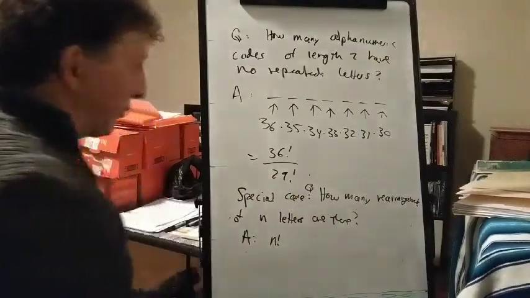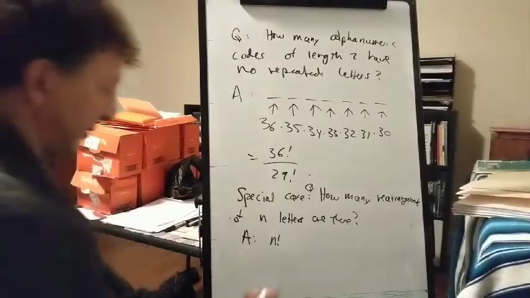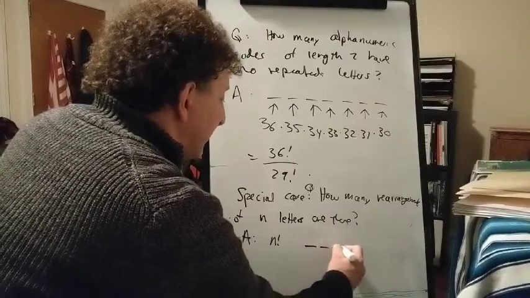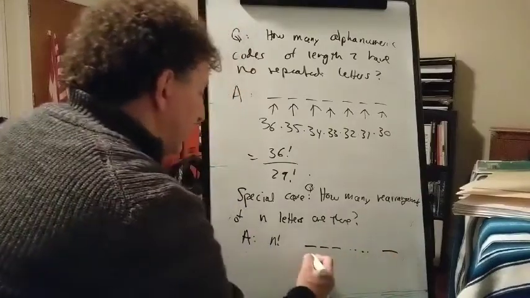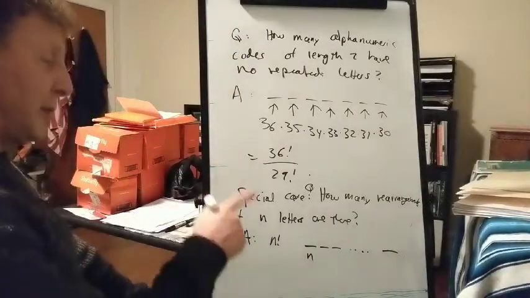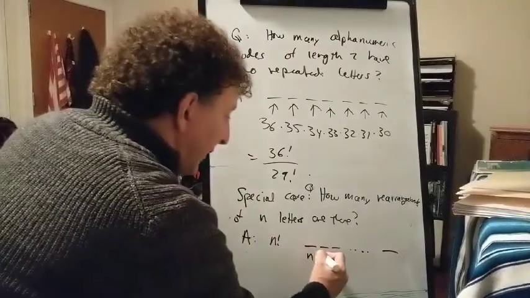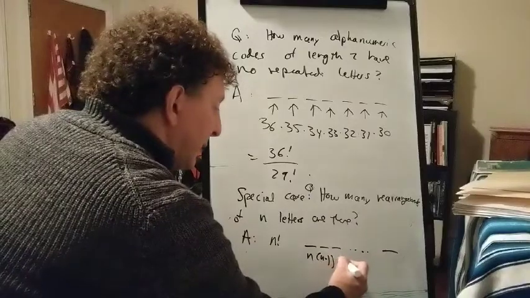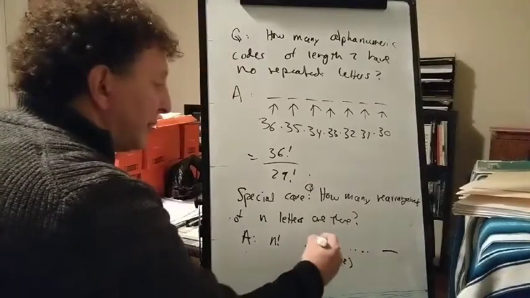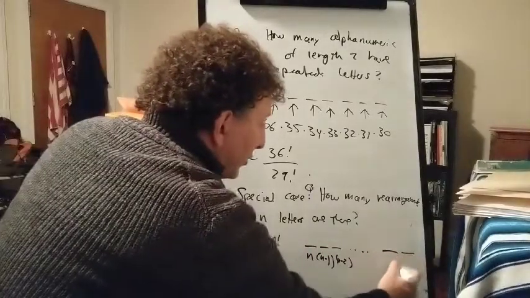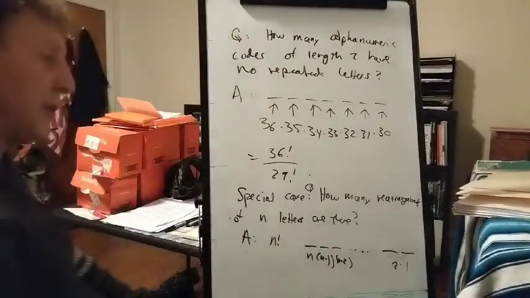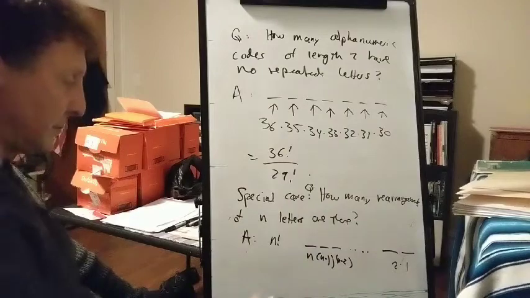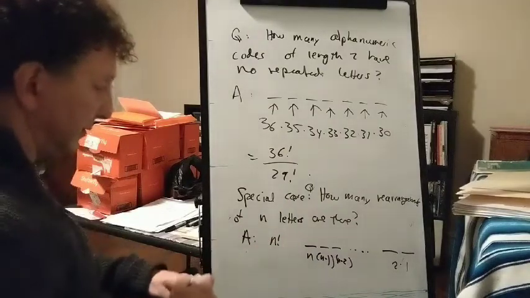The answer is n factorial. Using the same reasoning as here, because we've got n choices for what letter we're going to put first in our rearrangement, and then n minus 1 letters for what we put second, and then n minus 2 letters for what we put third, etc., all the way down to 2 times 1. So we're going to multiply all the numbers from n down to 1, all the integers. So there's n factorial.